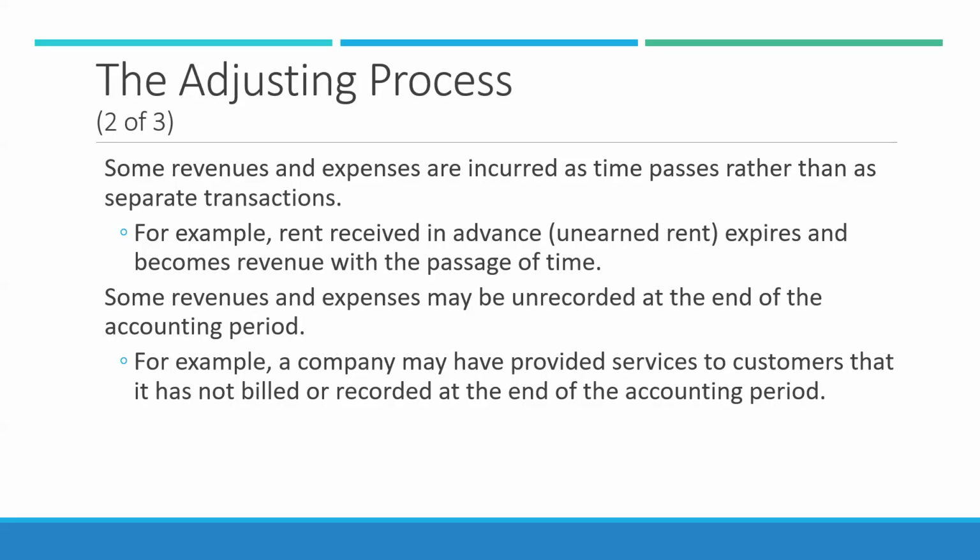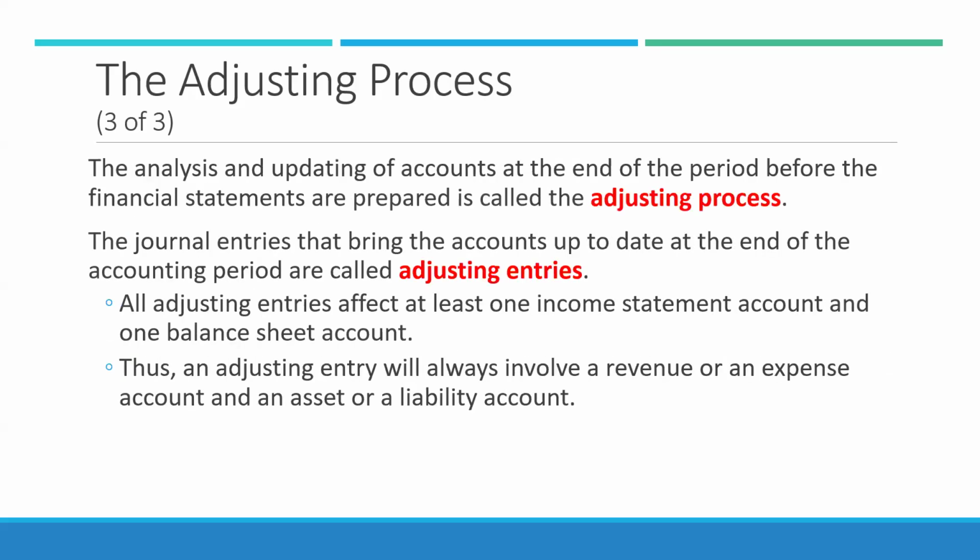I do need to be aware of what revenues are out there that I haven't sent the bill for yet, so I can show that revenue is linked with this period. Does that make sense? Those are the adjusting entries we're talking about.